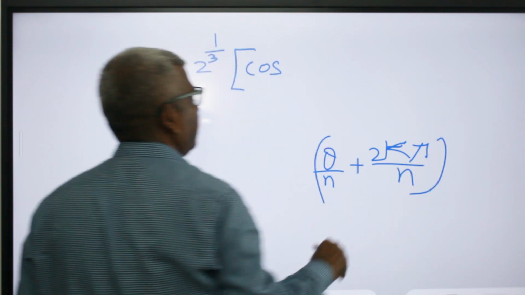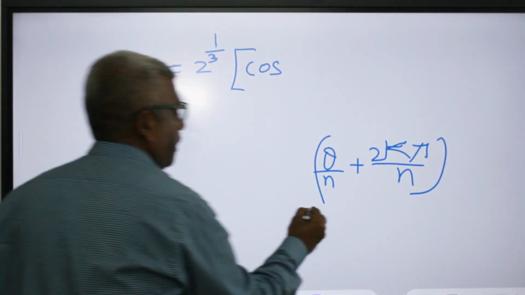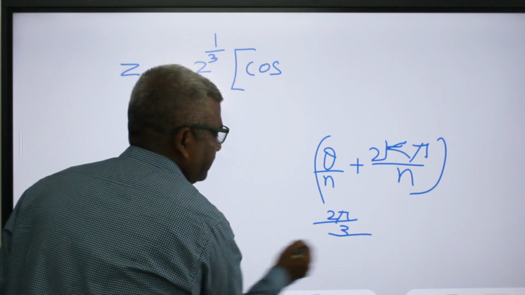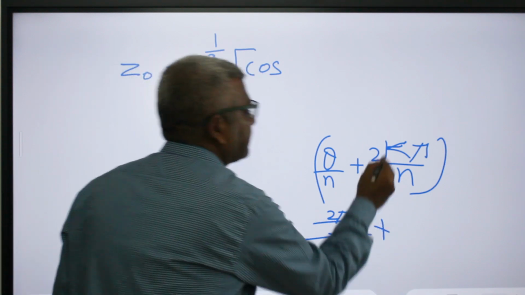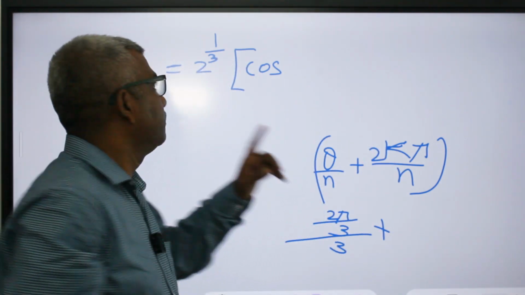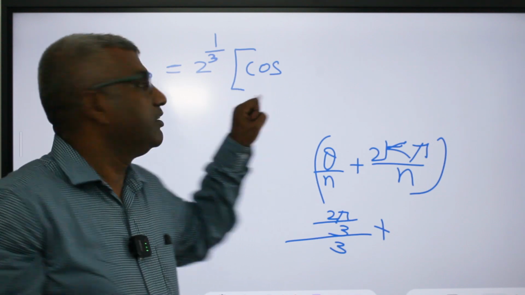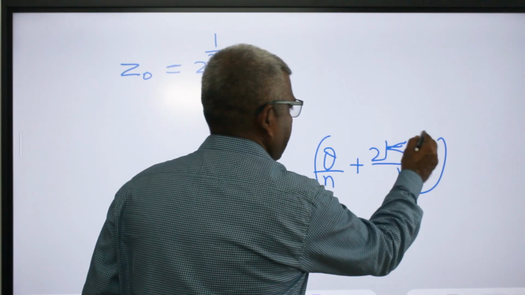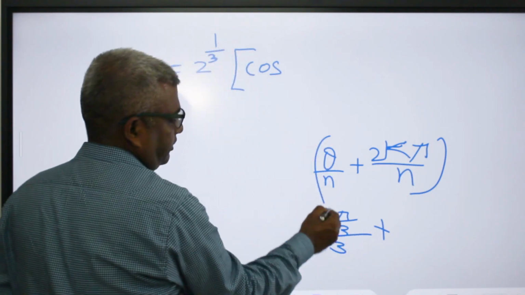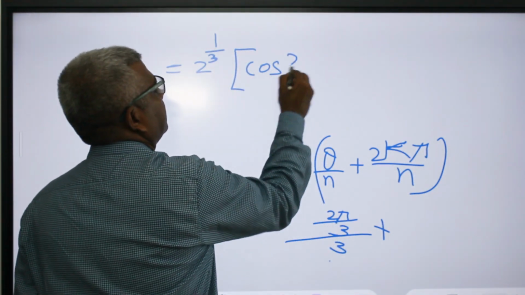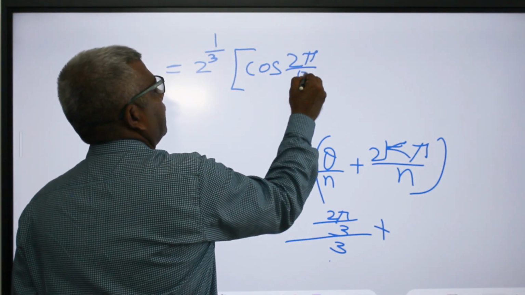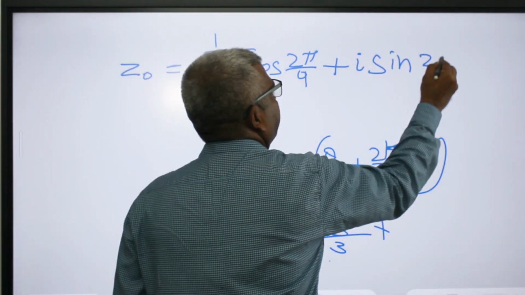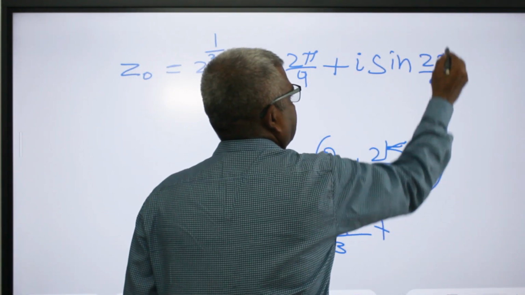Here theta is 2 pi over 3, n is 3, and k is 0 for z0, so that term is completely 0. So cos 2 pi over 9 plus i sin 2 pi over 9.